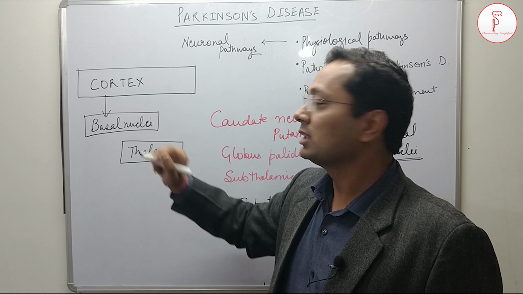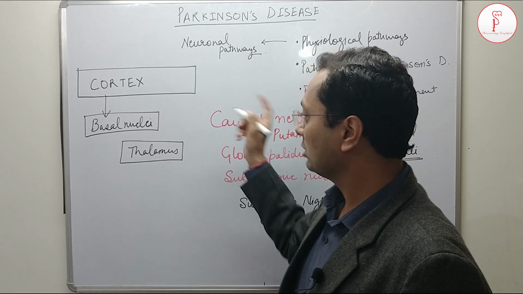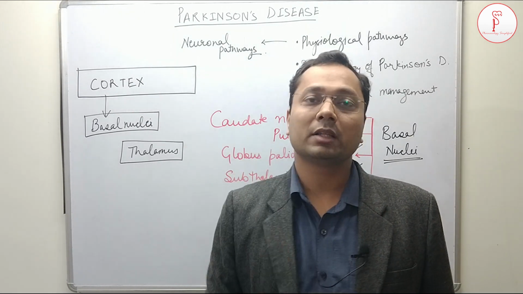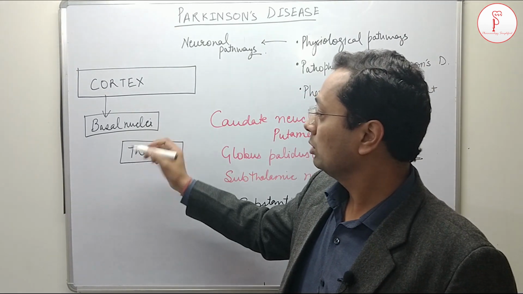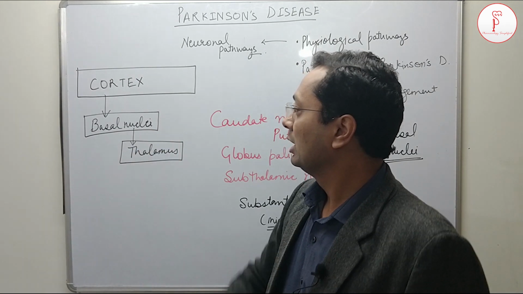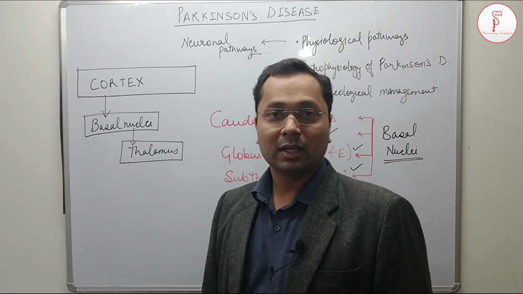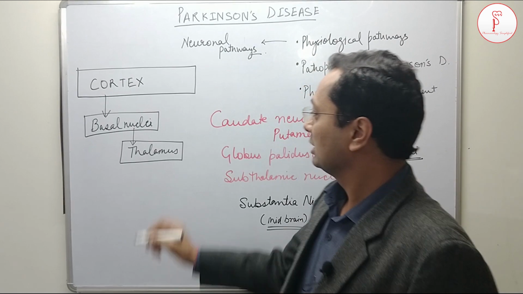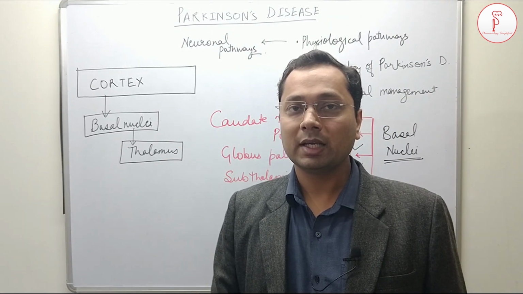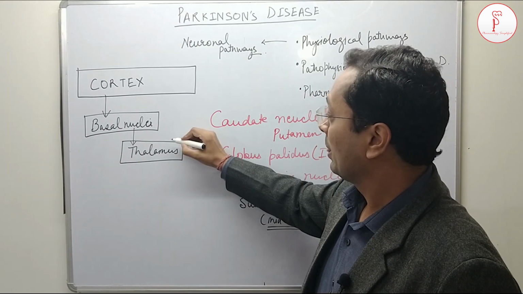So the cortex sends signal to the basal nuclei. Through the interwiring of the various nuclei in the basal nuclei, they rectify and initiate a smoother movement, and they send the signal to the thalamus. The thalamus comprises several individual nuclei; it's a cluster of nuclei.